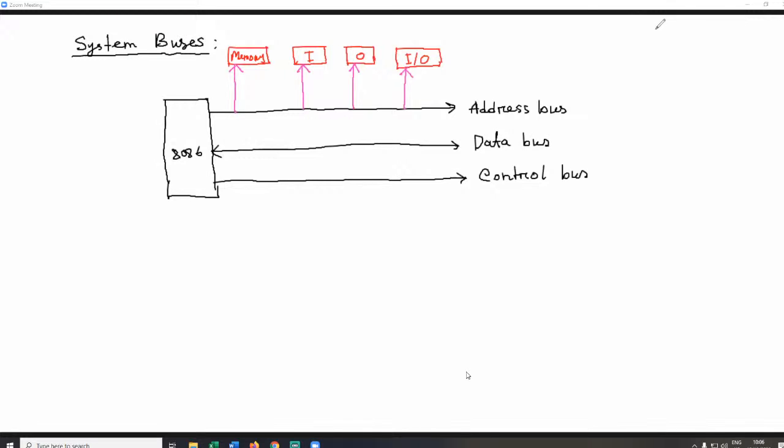Next, let's go to data bus. So with memory, data can be read and data can be written. So that is a two-way communication. It can send data, it can receive data. When you come to the input, what is the direction of the arrow from data bus to the input device?